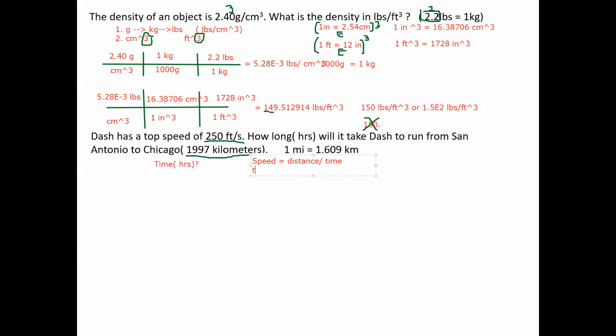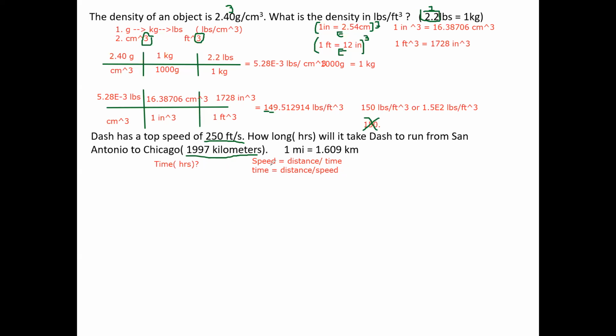So if we're looking for time, it would be distance divided by speed. So that's how you can find the time it takes, by taking the distance and dividing it by the speed.